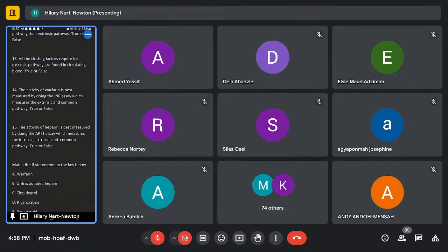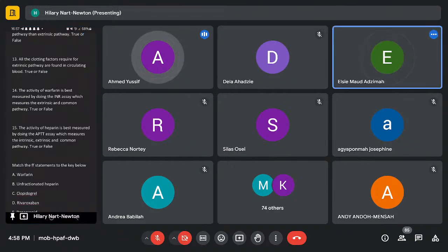14. The activity of warfarin is best measured by doing the INR assay, which measures the extrinsic and common pathway. True or false? Which one are you going for?